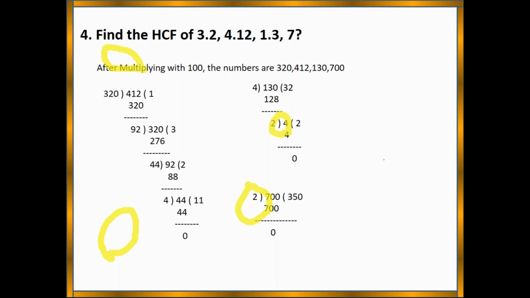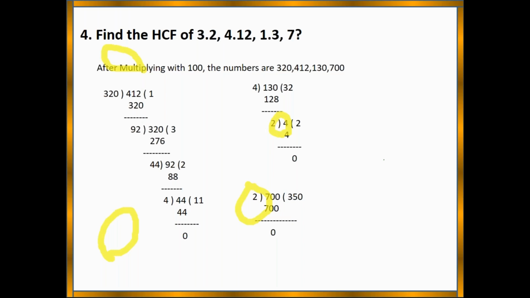We need more and more patience. So 2 is the divisor for the integer numbers 320, 412, 130, 700.